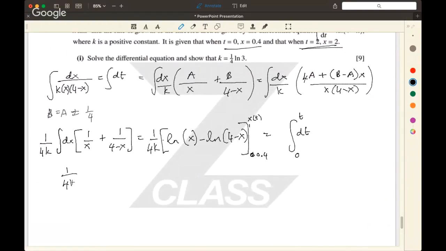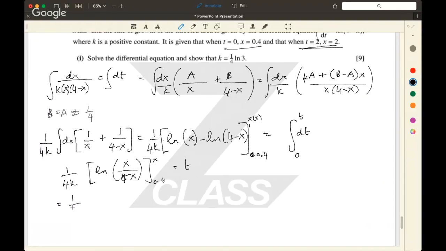So I have 1 on 4k, and I can simplify this as natural log, and I can pull the logs together, x over (4 minus x), between 0.4 and x, and this is just equal to t because that's t minus 0.